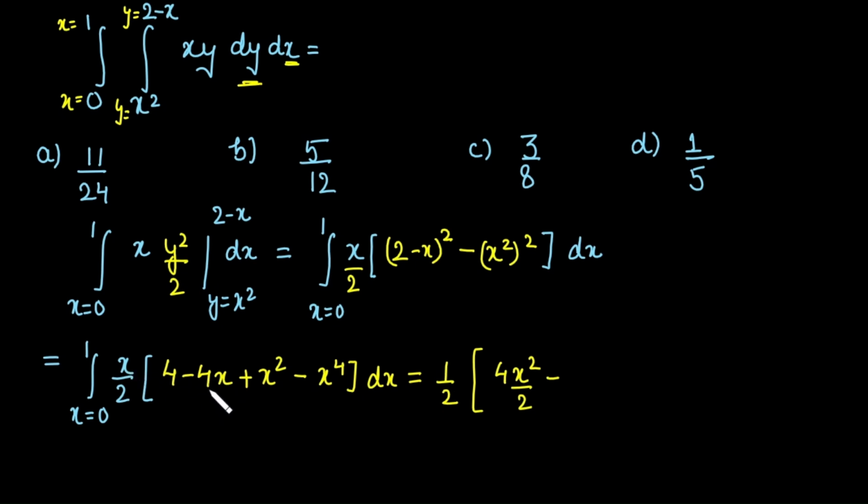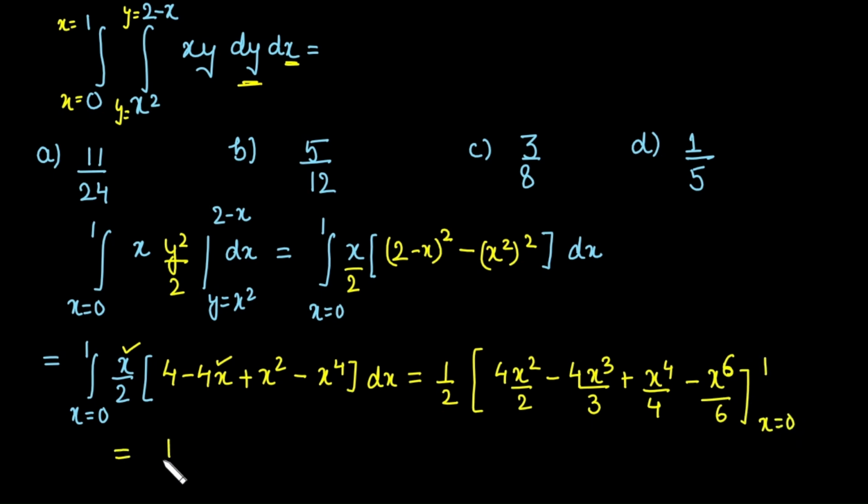This is minus 4x square because एक x ये है और एक ये, सिंपली x स्क्वायर की इंटीग्रेशन क्या आएगी? x क्यूब बाई 3. सो 4x क्यूब बाई 3 प्लस x स्क्वायर इंटू x क्यूब. x क्यूब की इंटीग्रेशन x रेज टू पावर 4 बाई 4 माइनस x रेज टू पावर 4 इंटू x दैट इज x रेज टू पावर 5 एंड उसकी इंटीग्रेशन x रेज टू पावर 6 बाई 6. लिमिट्स क्या है? 0 to 1.